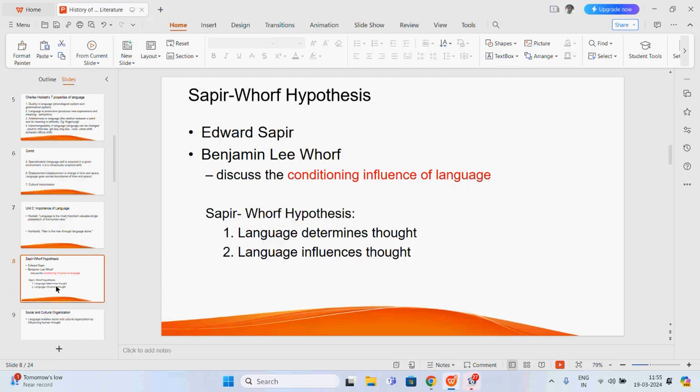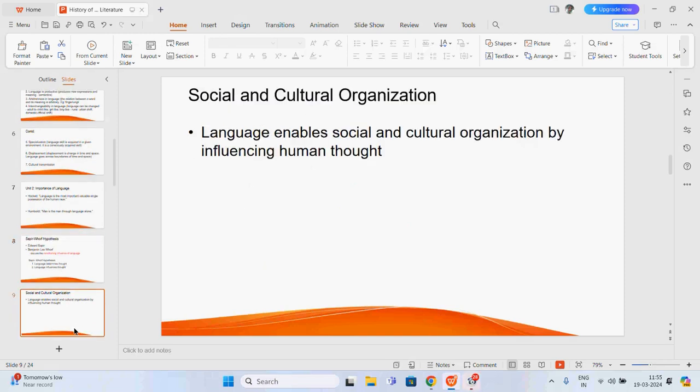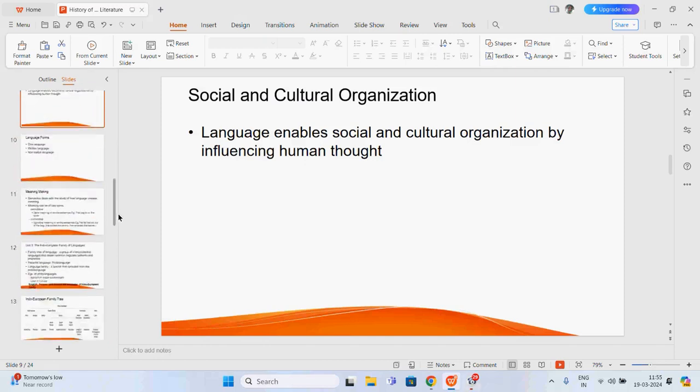This hypothesis was propounded by Edward Sapir and Benjamin Lee Whorf, and it is referred to by their names, Sapir-Whorf hypothesis, where the conditioning influence of language is discussed. One other aspect that this unit talks about is the social and cultural organization. As you can see on your screen, language enables both social and cultural organization by influencing human thought.